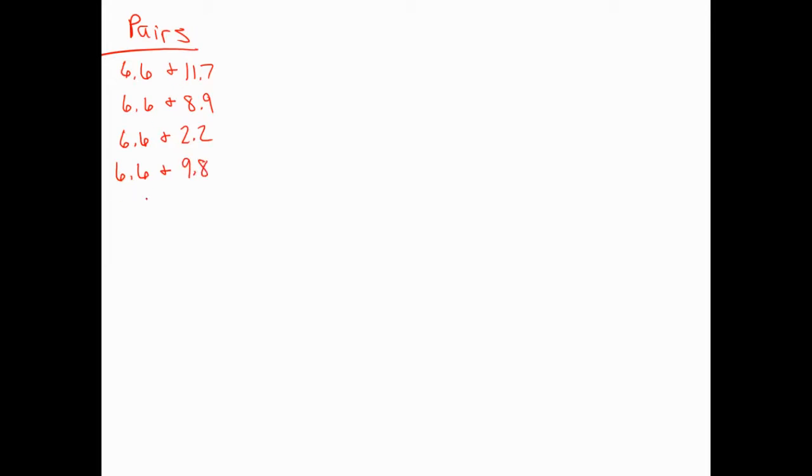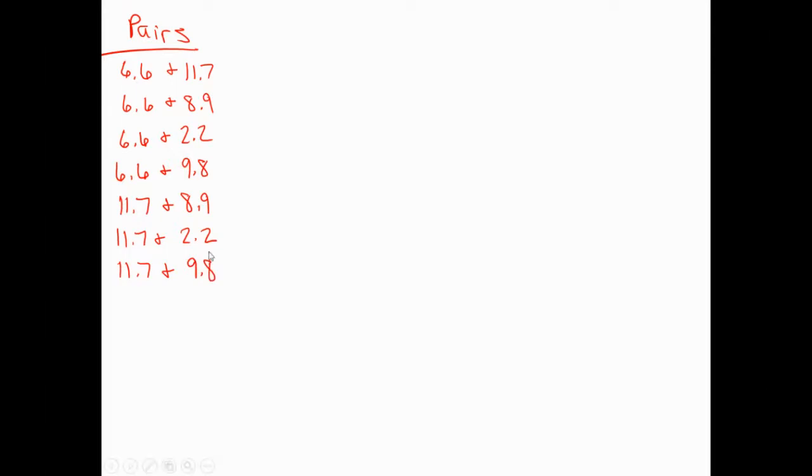We're at the end. That means I need to go down to 11.7 now. 11.7 and, well, we already have 6.6 up here, so 8.9. 11.7 and 2.2. 11.7 and 9.8.